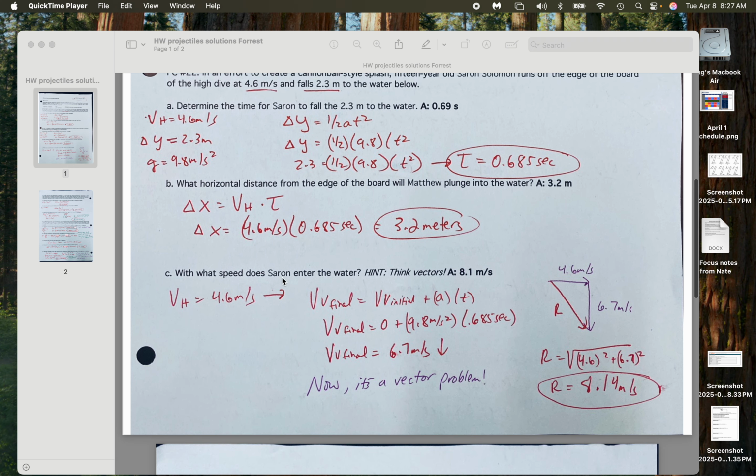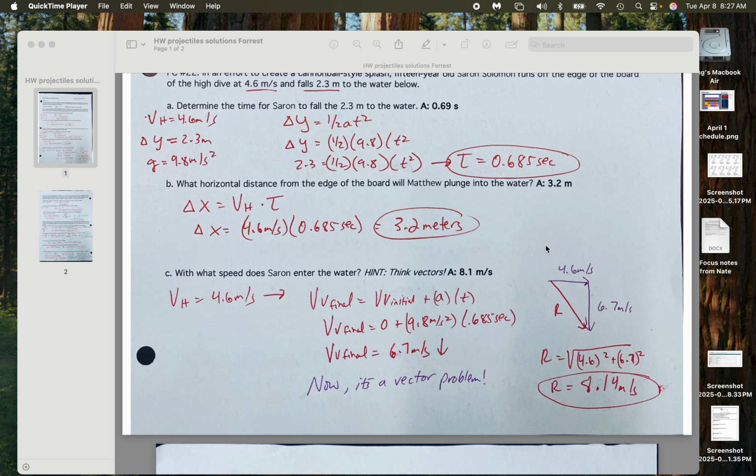Now this one, I went over a similar example in class. If I want to find the speed that Saran entered the water, I need to find the vertical and horizontal components of speed. Horizontal doesn't change. Vertical starts at 0, but the vertical speed increases 9.8 meters per second every second, as we've seen for a while now.